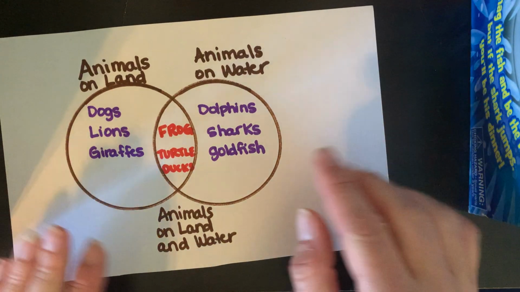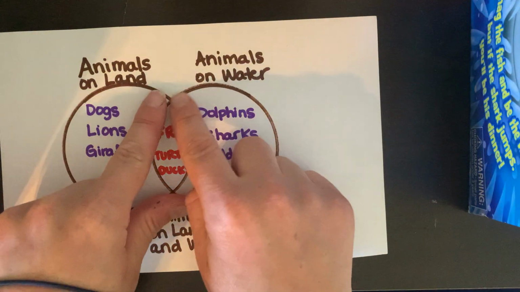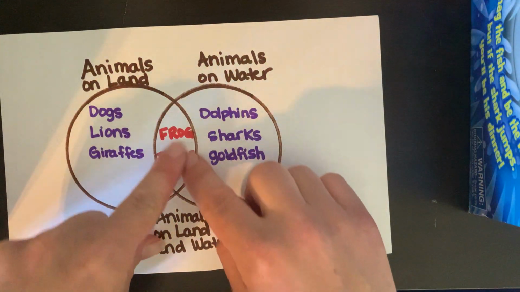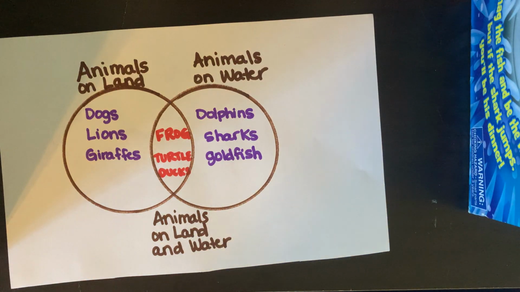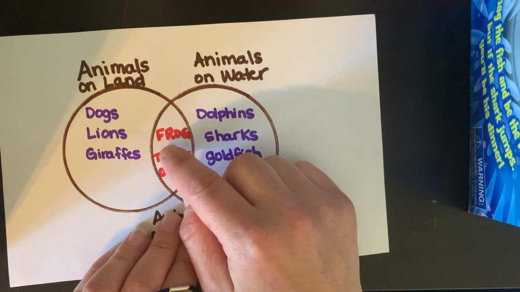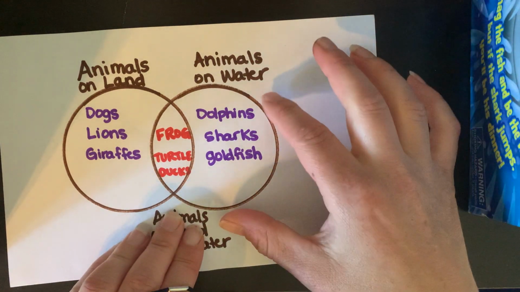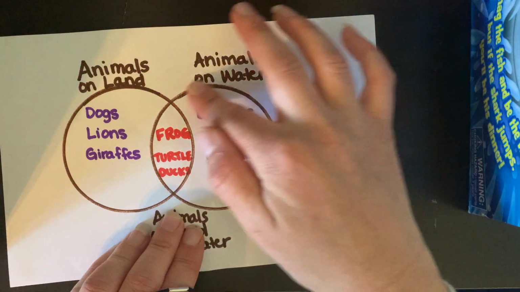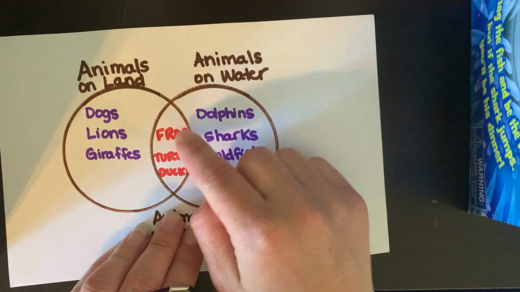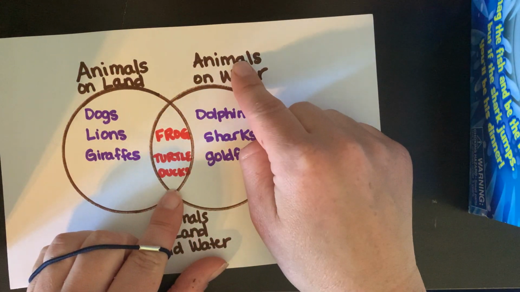Now, there is this area right here in the middle, which means these two groups will also share a common classification. So in the middle, I have a frog, a turtle, and a duck. And since this circle talks about animals that are on the water, frogs, turtles, and ducks are part of this circle.